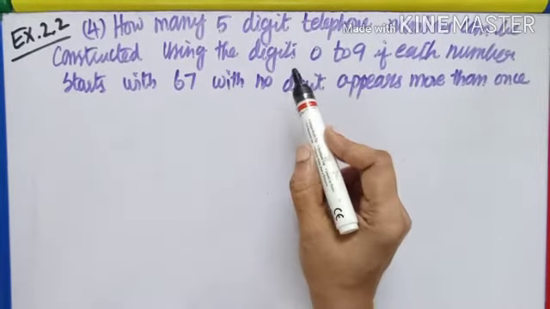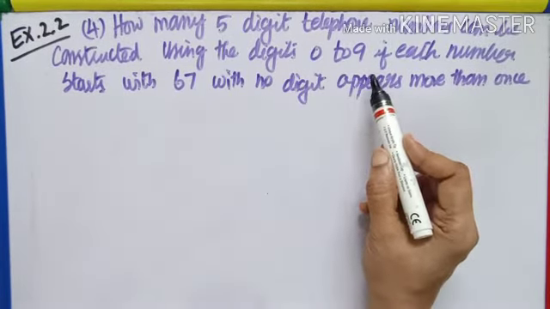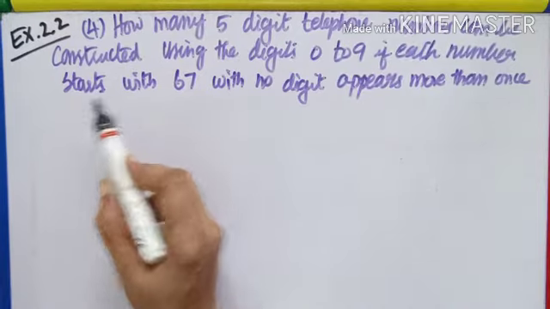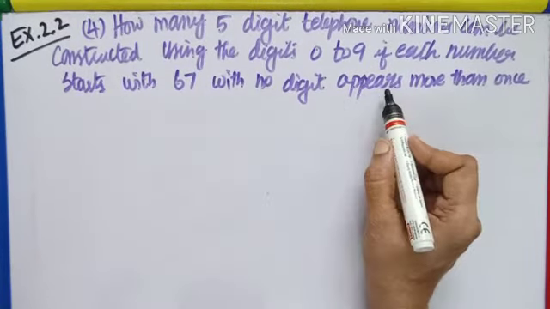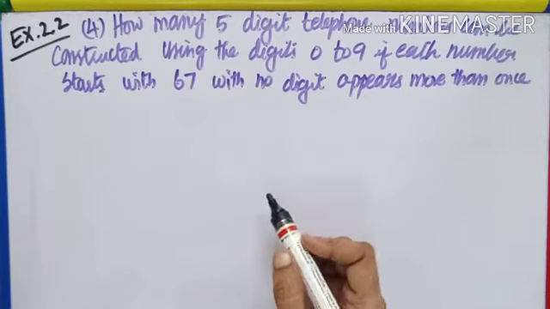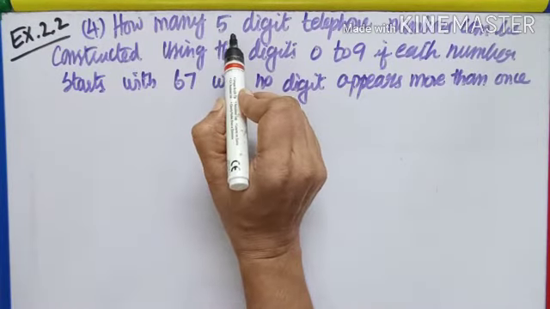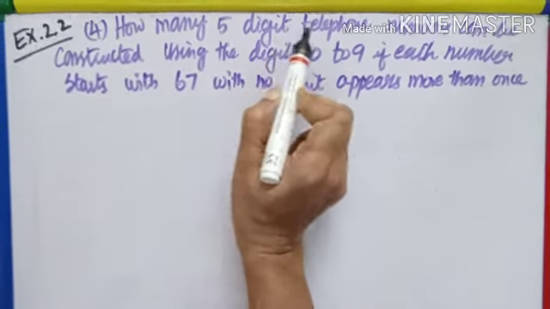Question number 4. How many 5-digit telephone numbers can be constructed using the digits 0 to 9 if each number starts with 67 and no digit appears more than once? My first line suggests it's a 5-digit number.